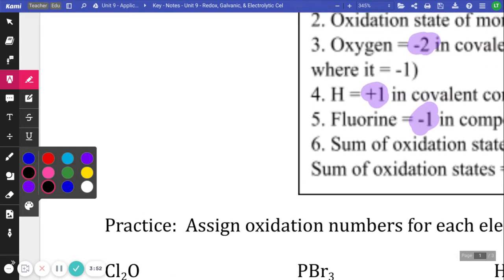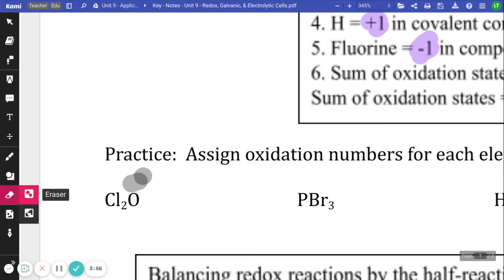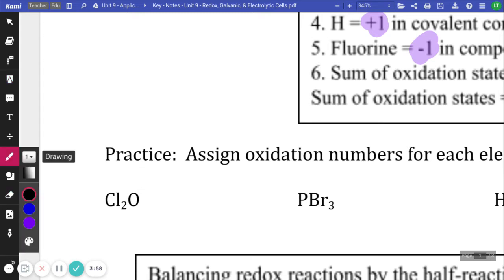We know from up here that oxygen is always -2. Our total charge of our compound, we don't have a charge here, so it needs to add up to 0. So I have 2 chlorines that need a total charge of +2 to balance that out.